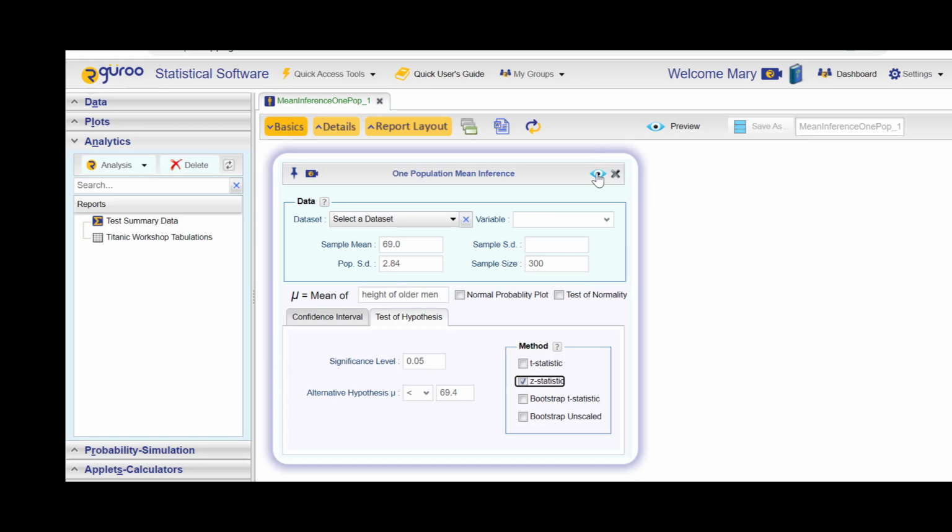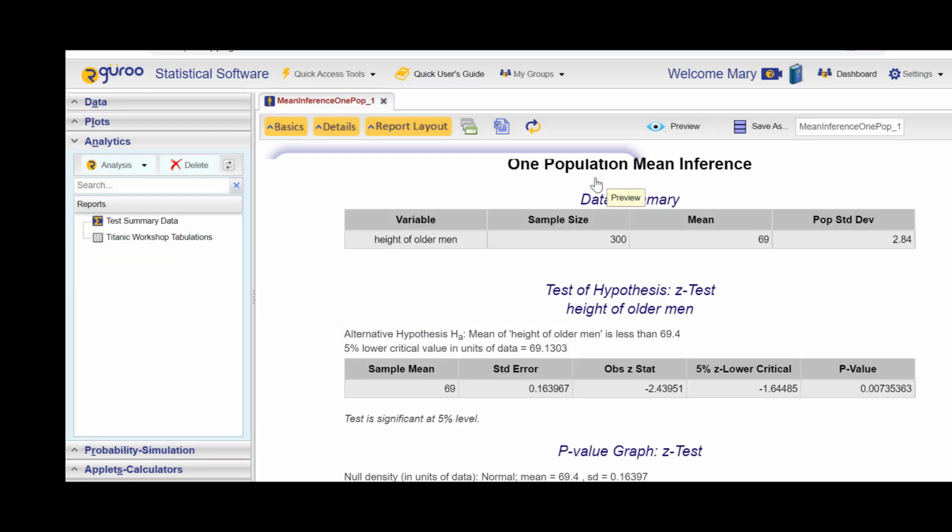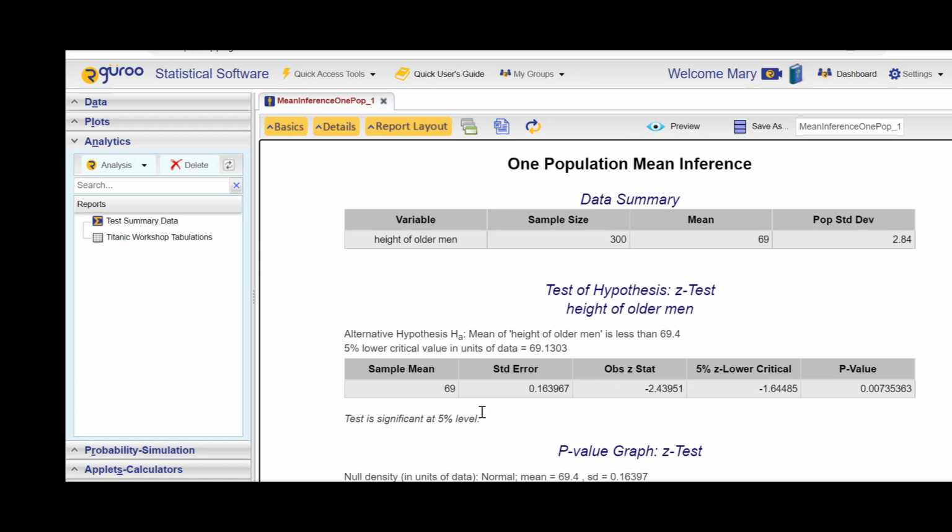And at this point, I can just hit the preview, but because I want to do the confidence interval and make connections there, I'm going to go back and hit confidence interval and hit Z statistic. And since the significance level is 0.05, I'm going to keep this at 0.95. Okay, so skipping to the part we need, we just need the p-value, which is 0.00735, which rounds to 0.0074.